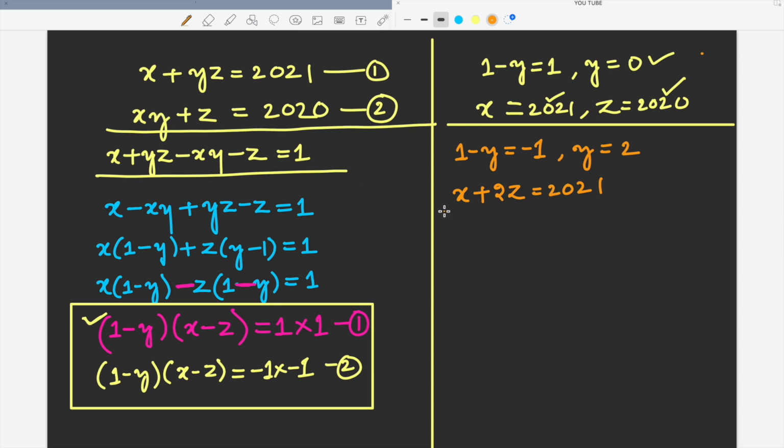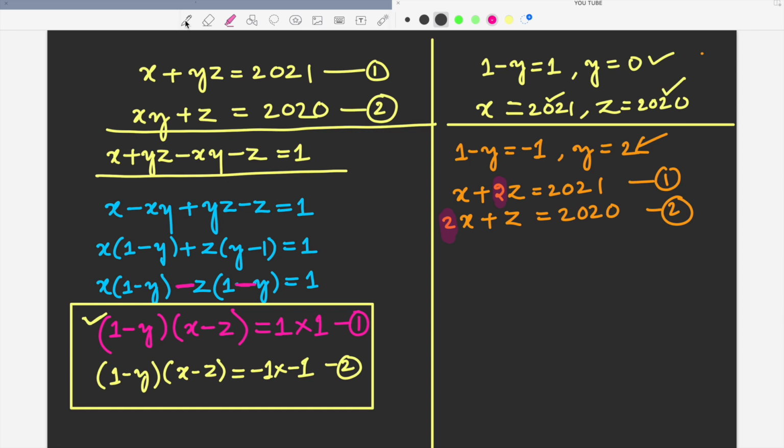That is x into 2, that is 2x plus z equals 2020. So these are the first equation and second equation where I plugged in the value of y as 2.